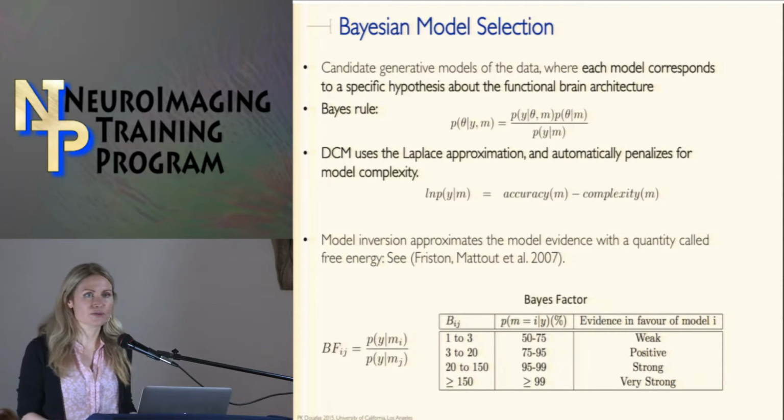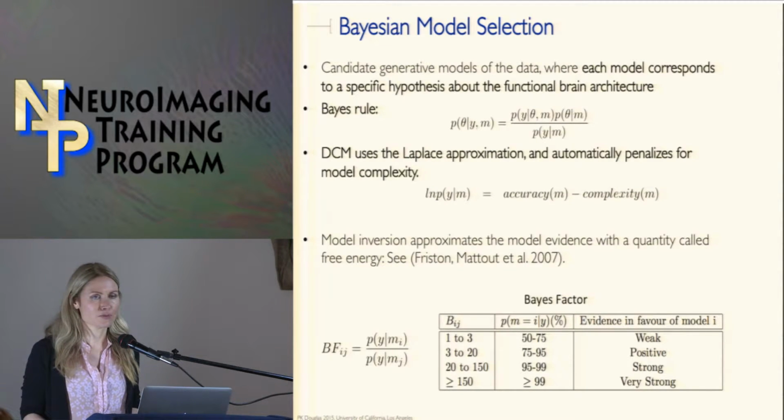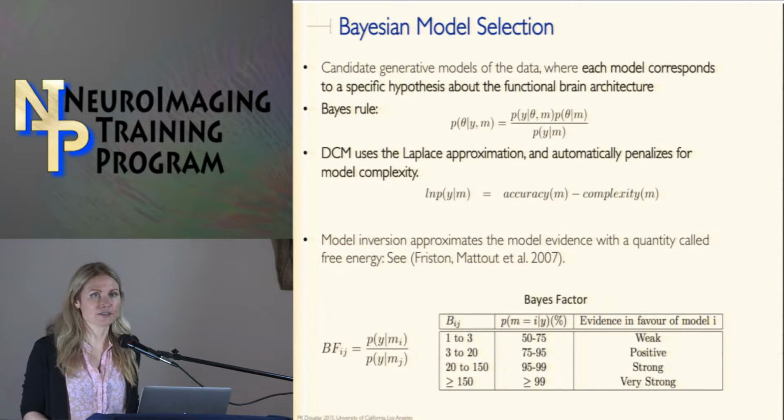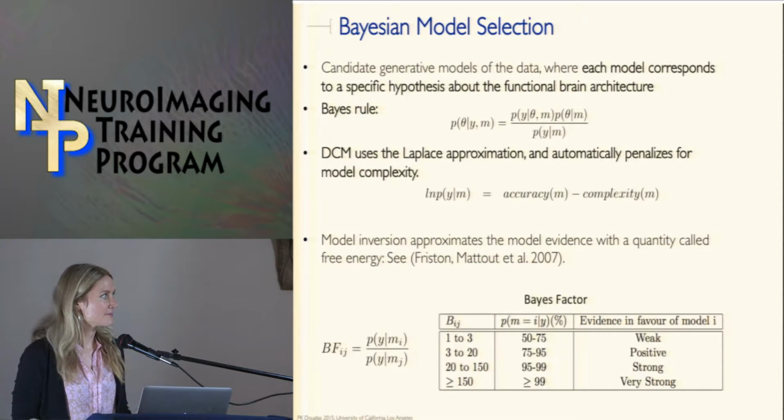This is similar to what I talked about yesterday with regularization in machine learning, where you can add a penalty term for complexity. So DCM has this nice trade-off between accuracy and complexity as well, so that you do favor the simpler model that also describes the data just as well, or almost as well.